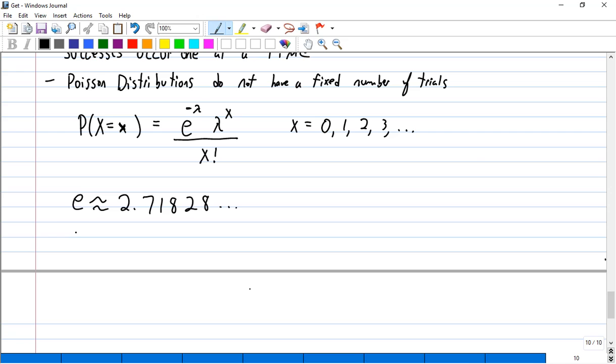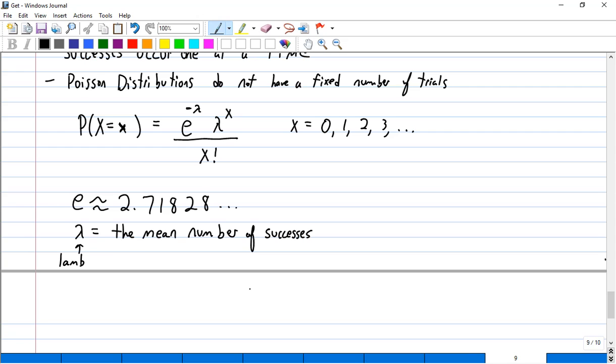All right. Lambda, the upside down y I was telling you about, that is the mean number of successes. If you're wondering how I'm saying this word, that's L-A-M-B-D-A.